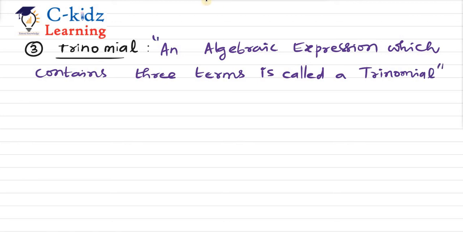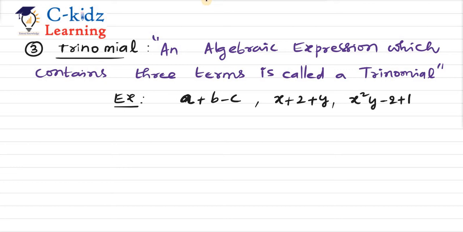I'll put some examples here: a plus b minus c, x plus 2 plus y, x square y minus 2 plus some k, etc. There are three terms out there, if you can see that. So that's all about just three terms.